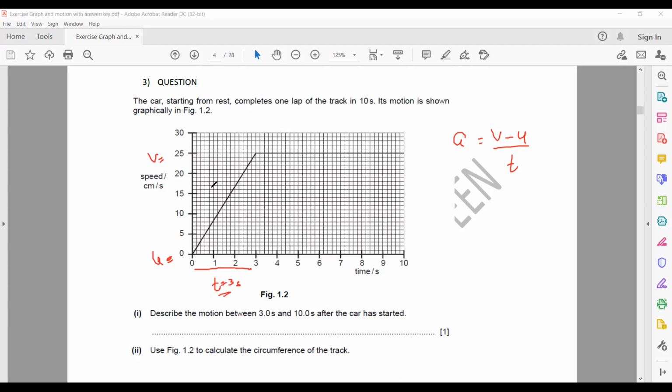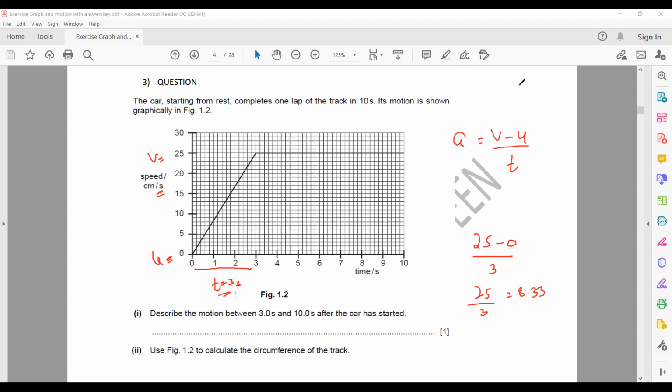Here we don't have to convert time because time is in seconds. So it will be 25 minus 0, divided by 3. So 25 minus 0 is 25, and 25 divided by 3 is 8.33.